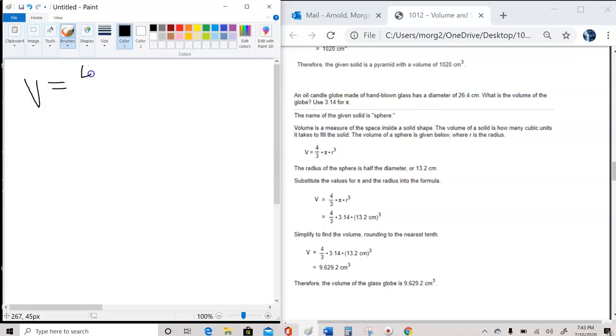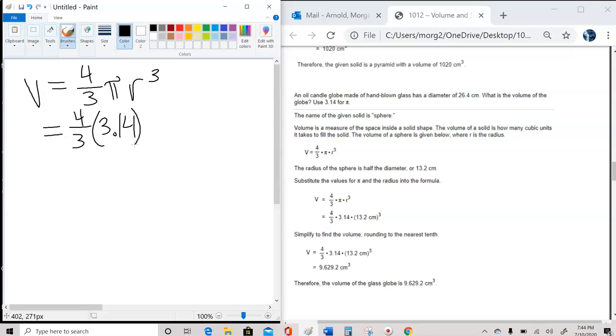The volume for the shape of a sphere is 4/3 pi times the radius cubed. The directions say use 3.14 for pi. Now be careful, we're not given the radius, instead we're given the diameter.